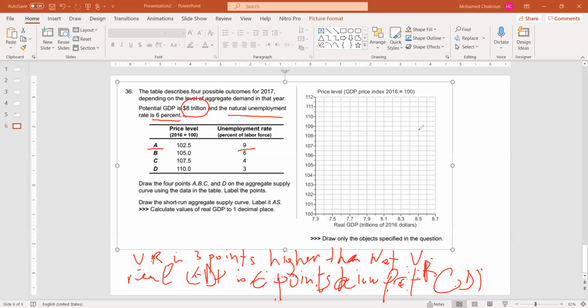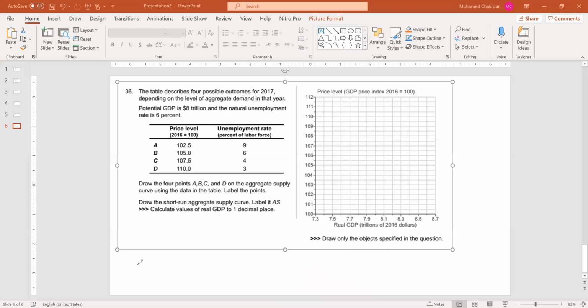So at point A, real GDP will be equal to, we said 6 points below, so it's equal to 8 trillion times 0.94.